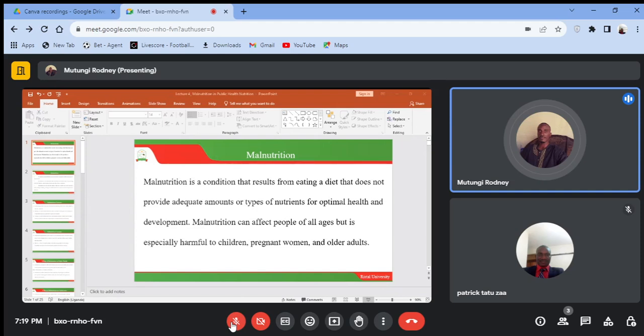So what could be the cause of these immediate causes? We are saying that according to UNICEF, the underlying causes of inadequate dietary intake could be that you don't have enough food in the home, but it could also be that there is inadequate care of women and children. So sometimes these groups are neglected and do not receive the food that they need.